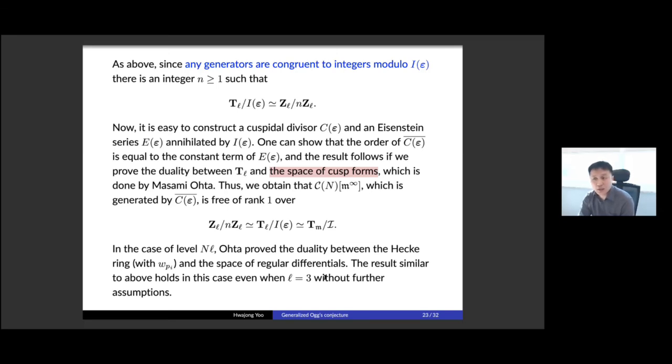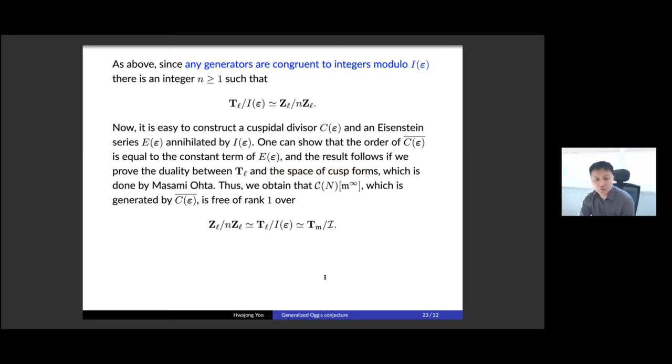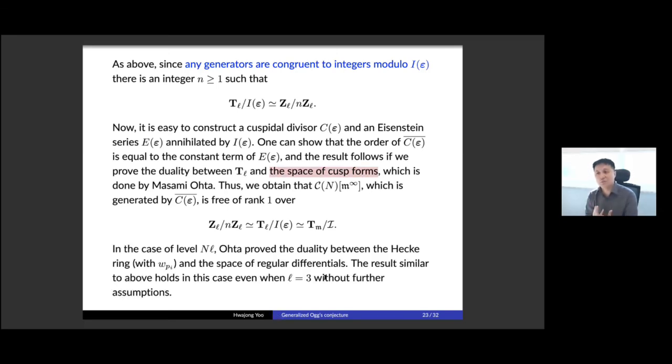The missing theorem in Ohta's result when L equals 3 is that the dimension of this étale part is 1 in that case. He cannot prove this when L is a multiple of 3 and L equals 3. So I couldn't prove it either.